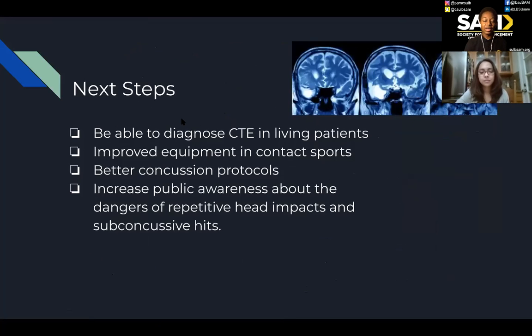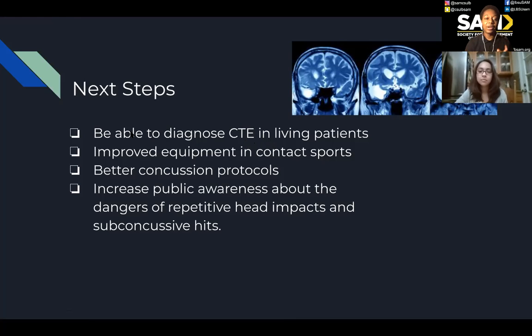Next steps. For CTE research, we need to be able to diagnose CTE in living patients, because currently there's no concrete way to diagnose a living patient with CTE. The only way they can properly diagnose somebody is if they do an autopsy and have the entire brain where they can scan it.